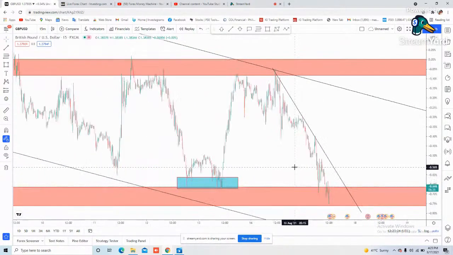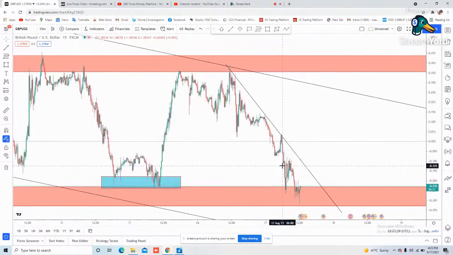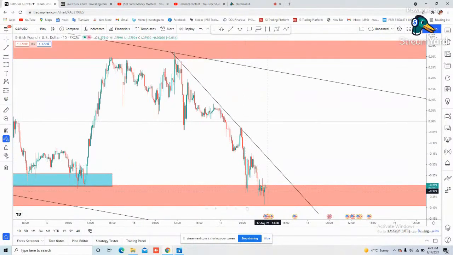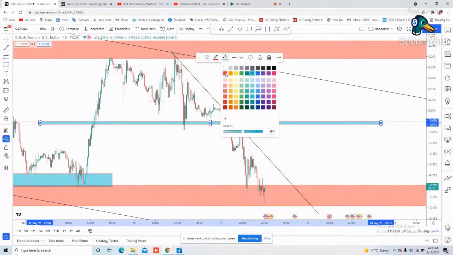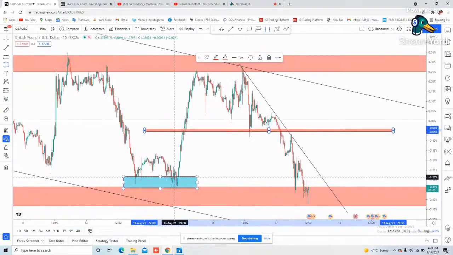Let's see what will happen for the next few hours. If you're gonna make a scalp here, you will enter here, and this is your target price here because it's the previous resistance for the 15 minutes time frame.